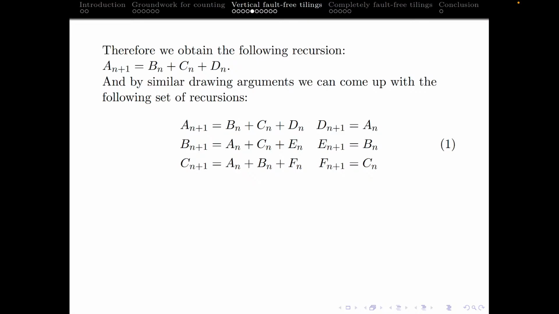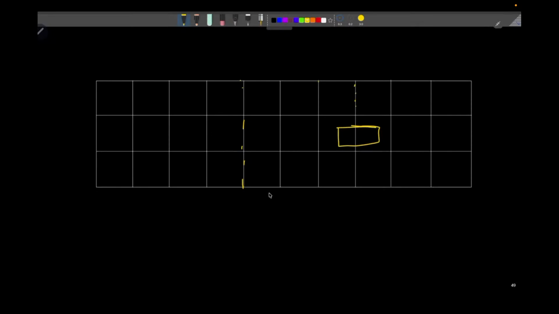Wait a second, I'll just demonstrate one thing, that bn plus 1 equals an plus cn plus en, if that might not be clear already. So suppose we have a B overhang somewhere, let's say like this, and this is the end of the board. Then we cannot place two squares here. This is not possible, because then we'll have a vertical fault.